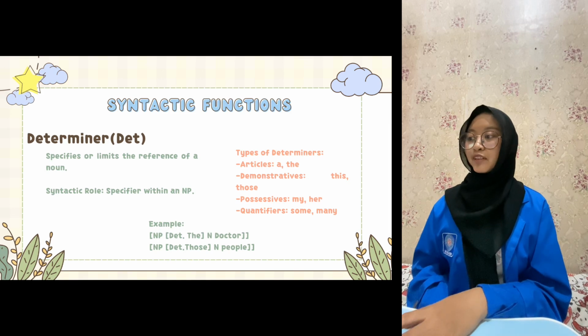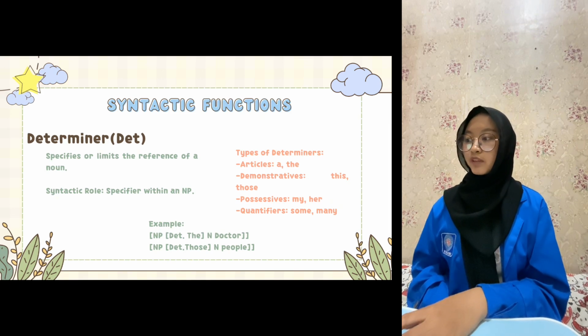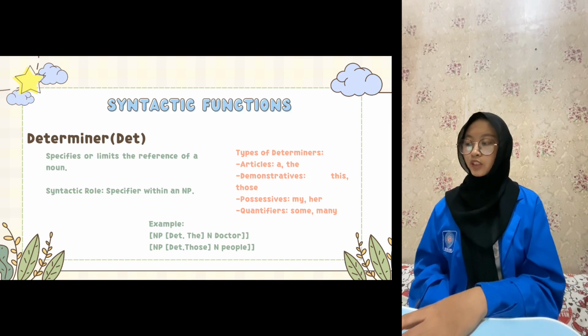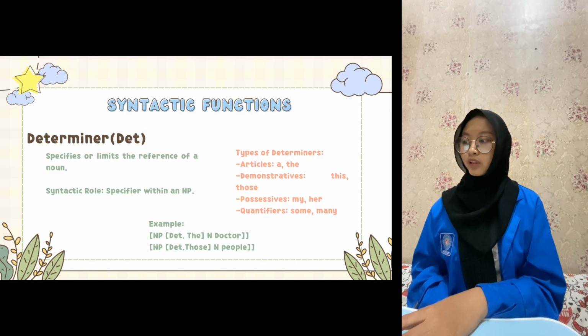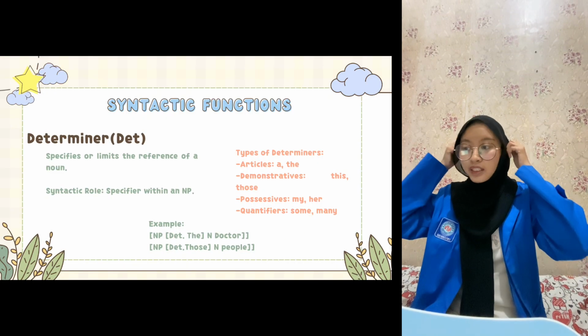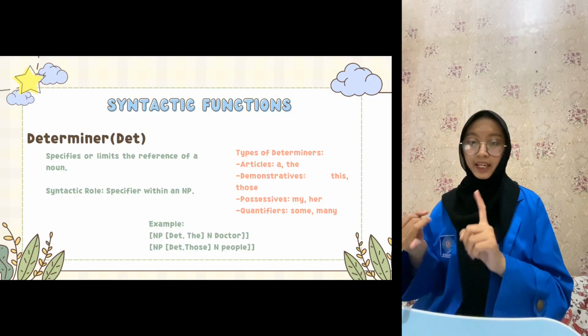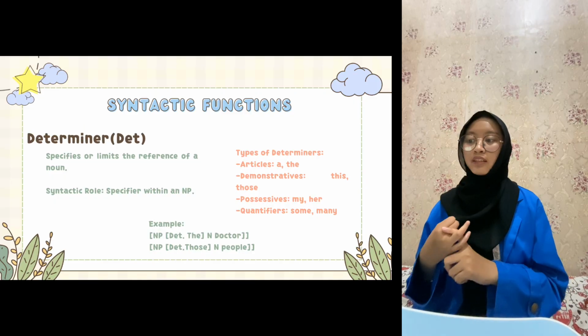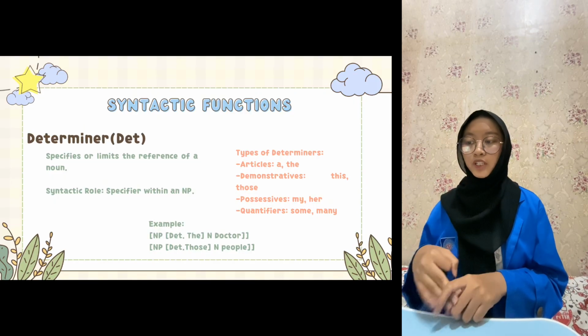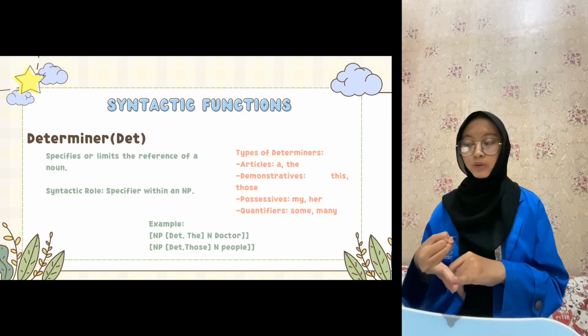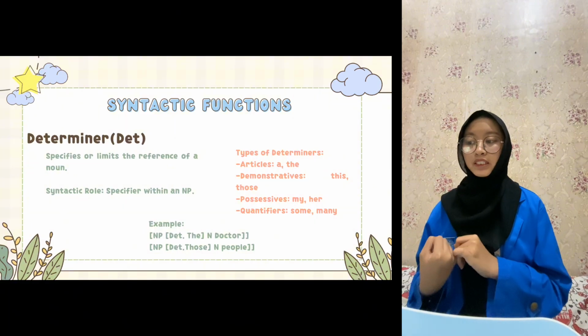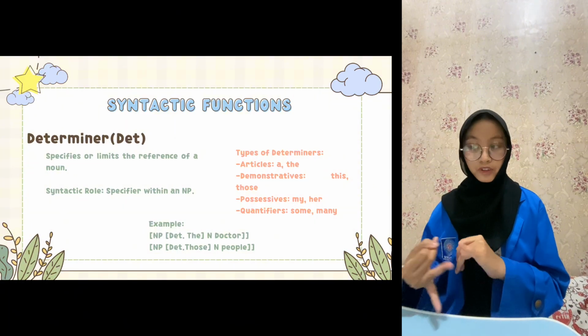Next is determiner. A determiner specifies or limits the reference of a noun. For its syntactic role, it is the specifier within an NP. There are types of determiners. First up is articles, for example a and the. The next is demonstratives, for example this, those. Next is possessives, my, her.